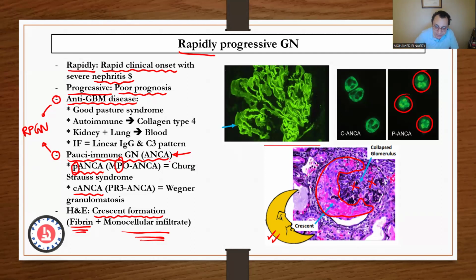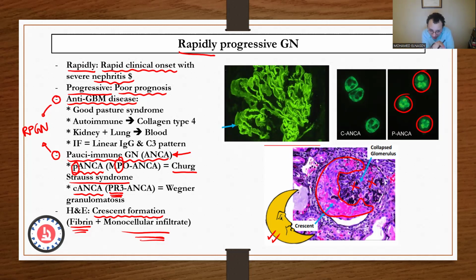So P-ANCA is MPO, and it's usually positive in what we call Churg-Strauss syndrome. I saw people pronouncing it differently, Churg-Strauss, whatsoever. So this is the syndrome which has the positive P-ANCA and might lead to RPGN, or rapidly progressive glomerulonephritis. However, the C-ANCA is anti-PR3, or PR3 antibody.